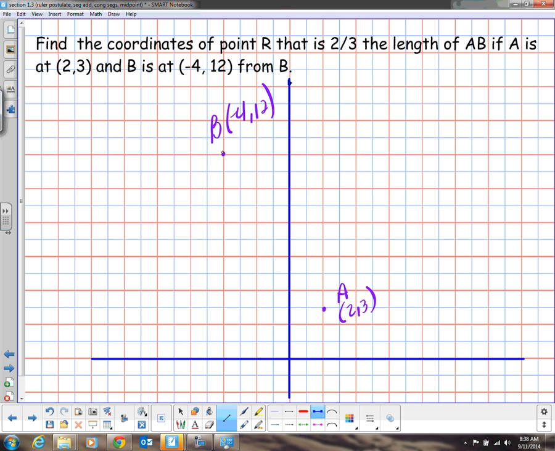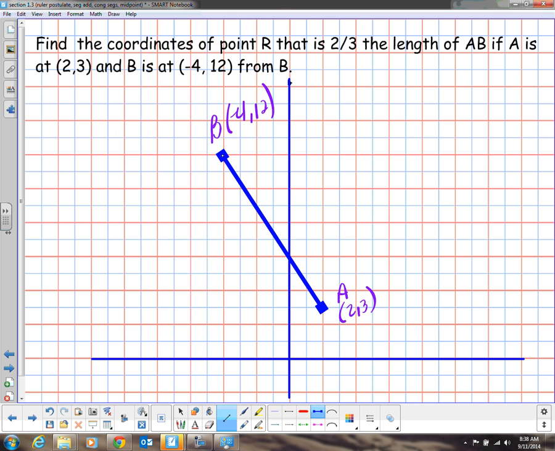Let's make my segment look something like this. Here's my segment. It's really important that you graph it because when you're finished, those coordinates should fall on that segment. If they don't, you know you've messed up. And I knew that I messed up on several of them because they did not fall on my segment.